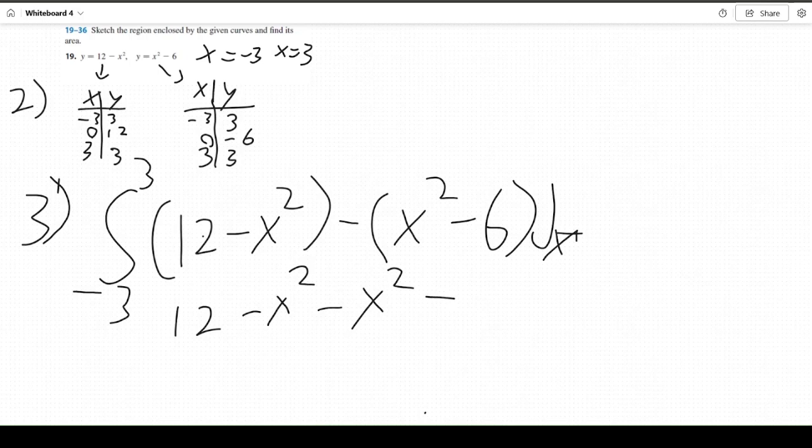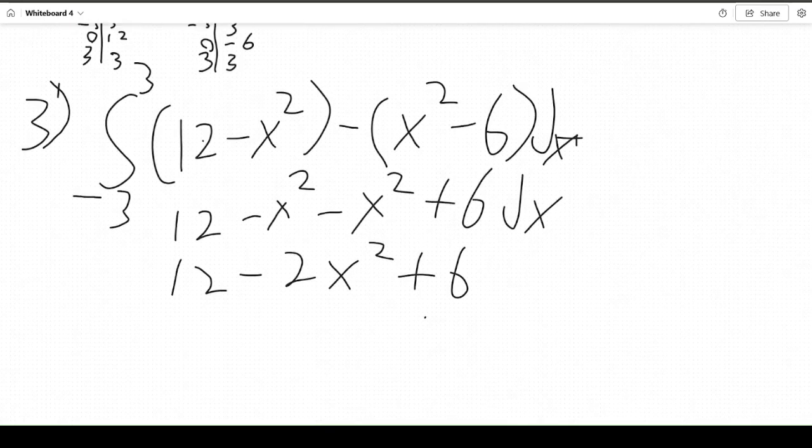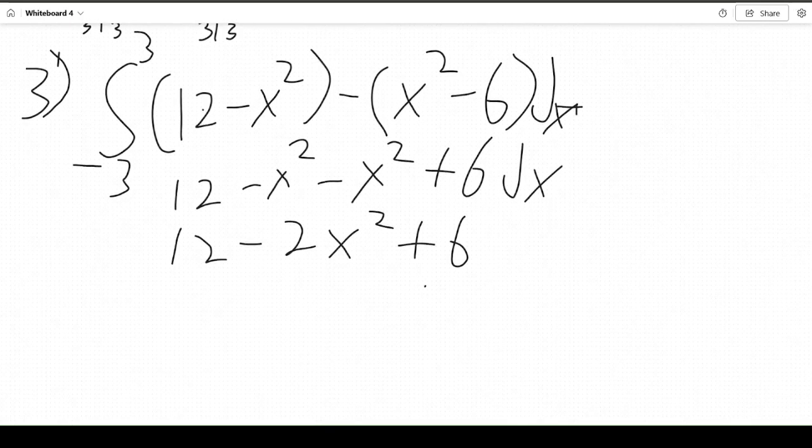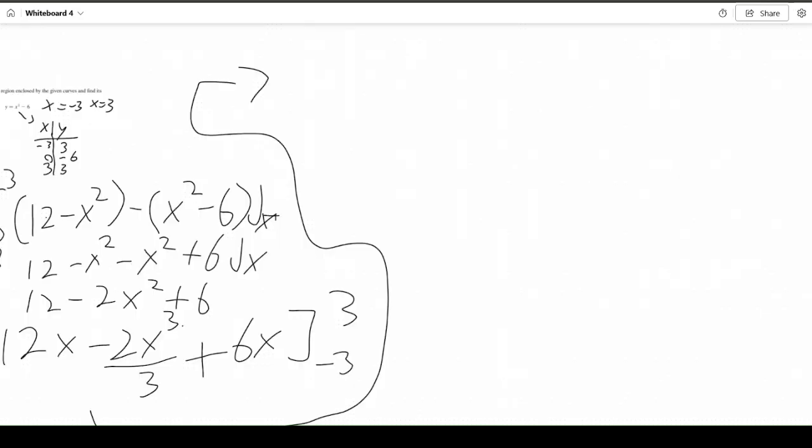Now distribute the values, so it will become negative 2x squared. And now we have to integrate. It would be 12x, negative 2x cubed over 3, plus 6x, from negative 3 to 3.